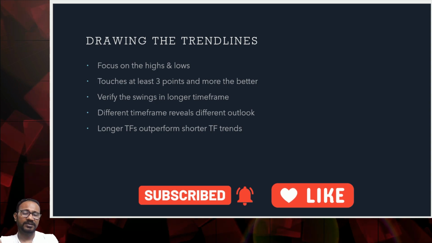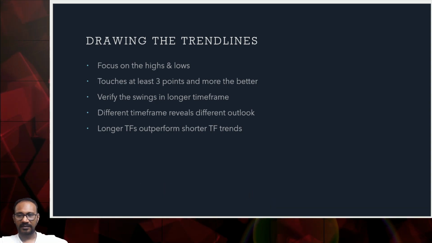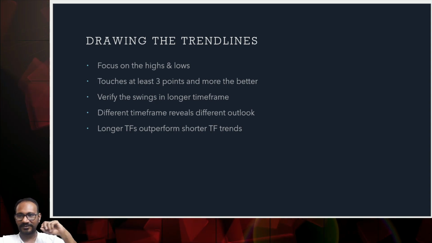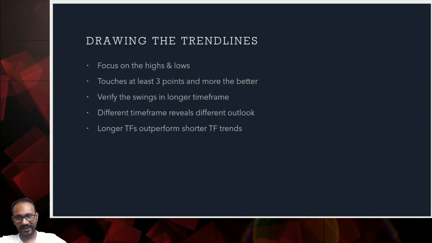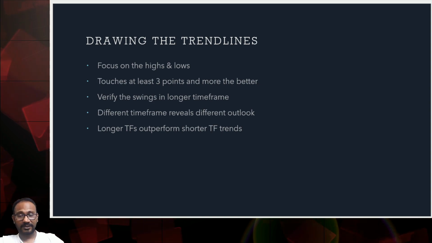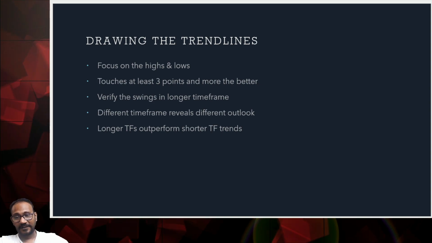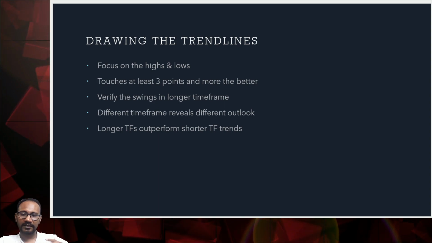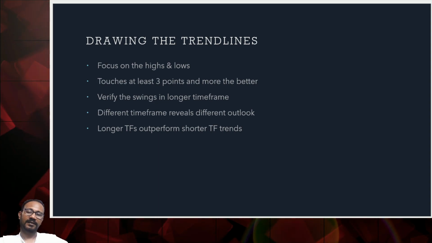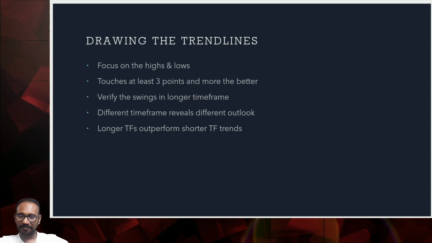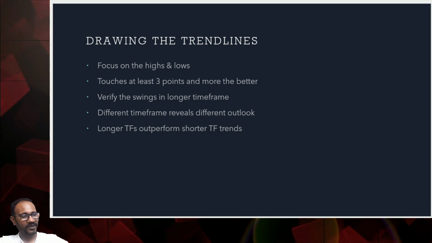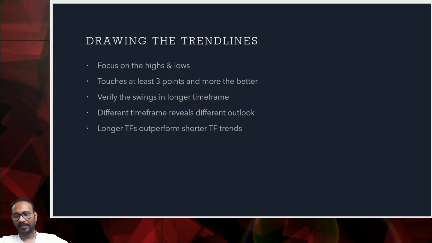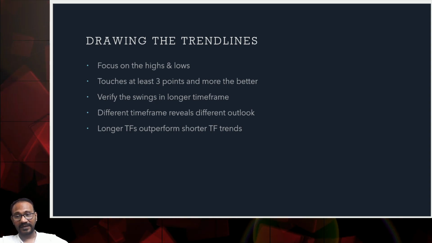Maybe in one day it is range bound, and then in 5 minutes it is showing bearish, and then in 1 hour it is showing an uptrend, then it's kind of mixed, right? So you might want to consider all these before you pump your money into the market. So how do you identify which one should we give higher weightage?